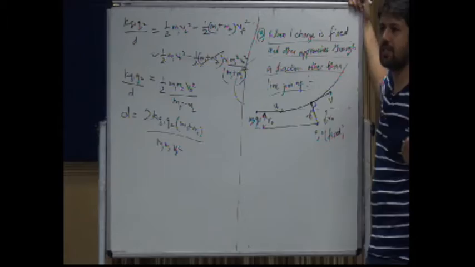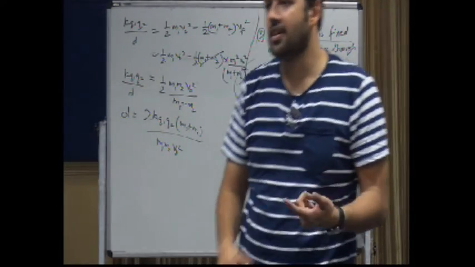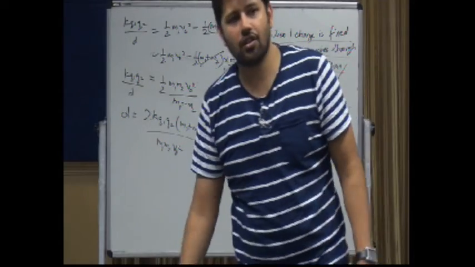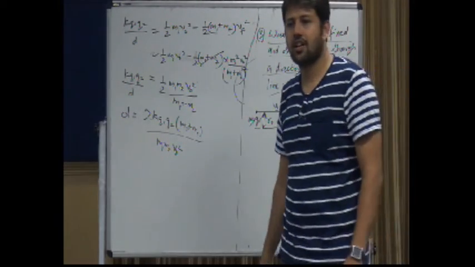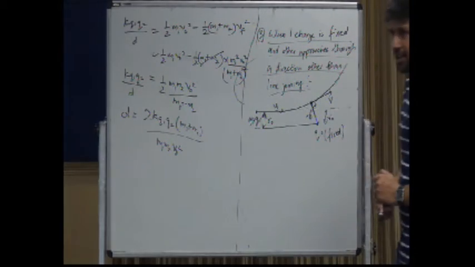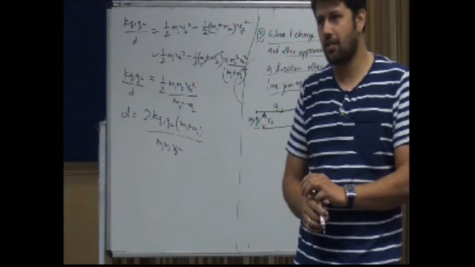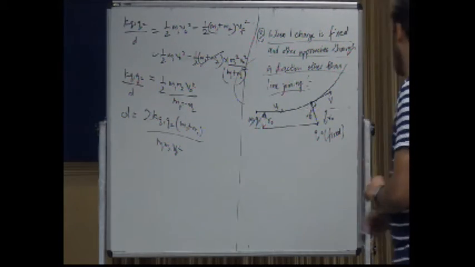The first one we studied was conservation of mechanical energy. Second one was conservation of linear momentum. And the third conservation law which we studied was conservation of angular momentum. Okay? If net external torque is 0, angular momentum is conserved.